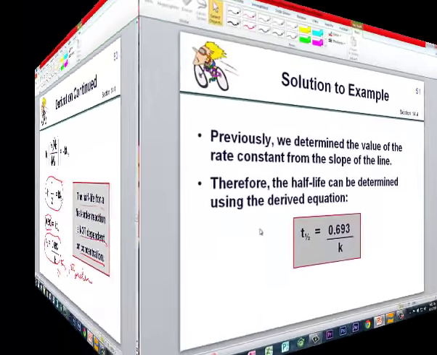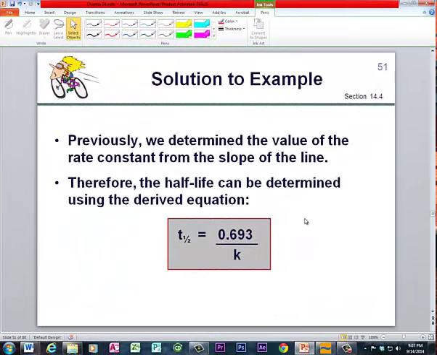Remember this. So you now have two methods for determining the value of K. You could determine the value of the rate constant for a first order reaction from the slope of the line. You could also do it for a 0 or a second order reaction, but we're only focused on first order reactions right now. Therefore, the half-life of the reaction can be determined using this equation.